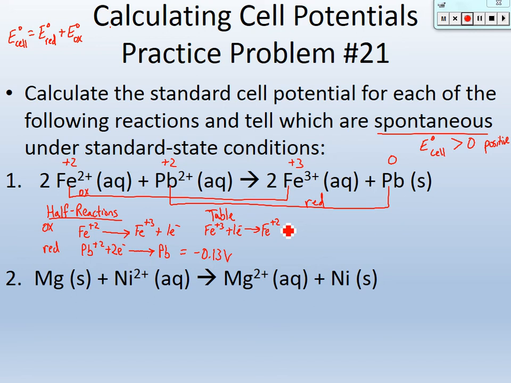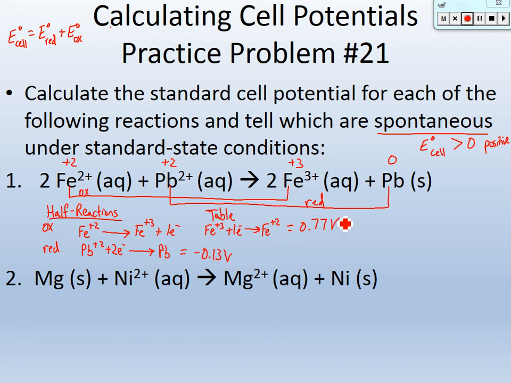Be careful not to mix that up. It's about a quarter of the way down the page. So Fe plus 3 plus 1 electron goes to Fe plus 2, and has a voltage of 0.77 volts.